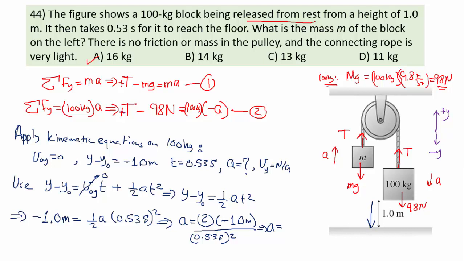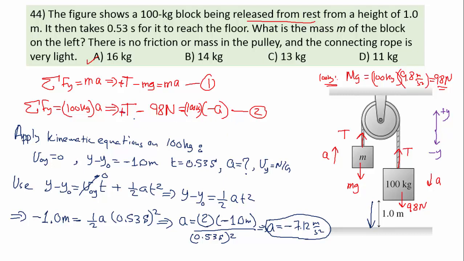This will give you around -7.11997, which can be rounded off to -7.12 meter per second squared. And we got a negative value, so that's what we expect. Acceleration is negative. So now we'll go ahead and take it and plug it into equation number 2 and solve for the tension.